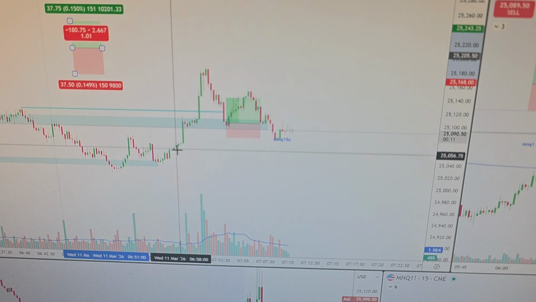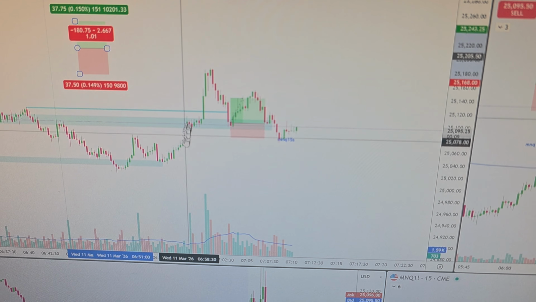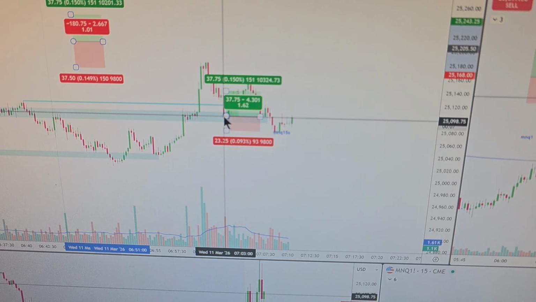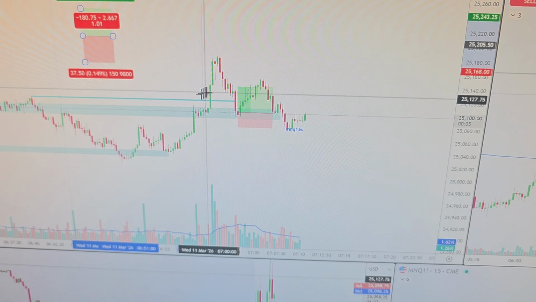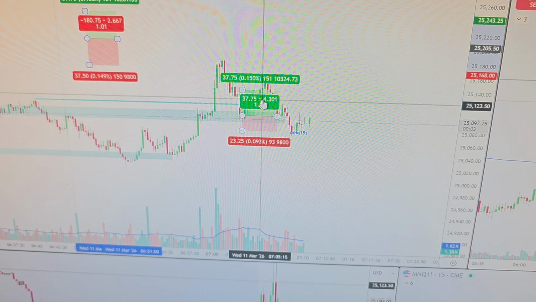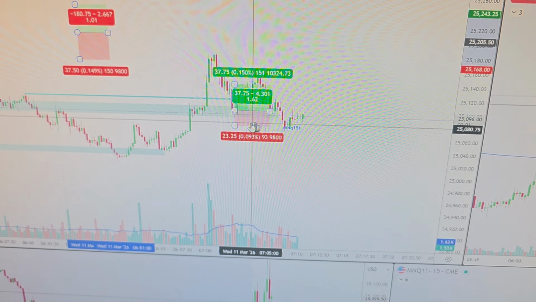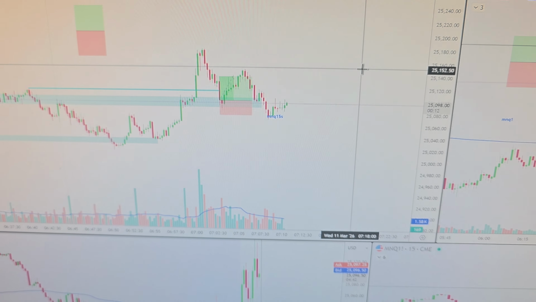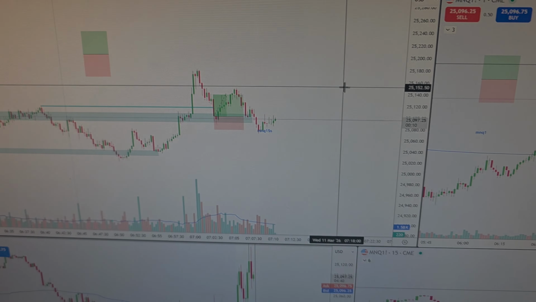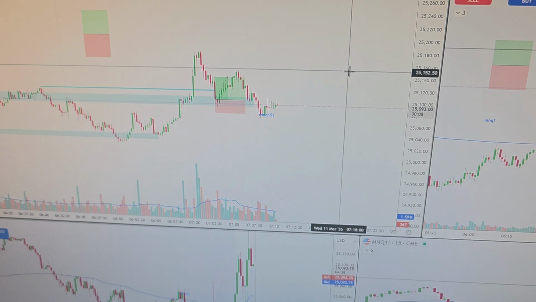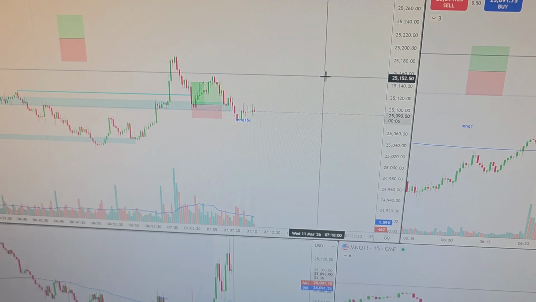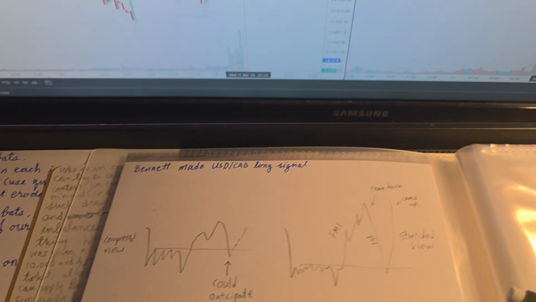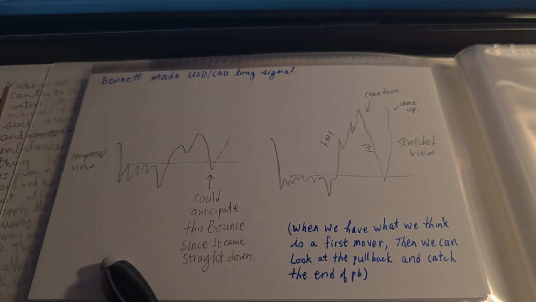If we theorize this is the first mover and this is the pullback, then we catch a quick 2-to-1 or 1.6-to-1 or a 1-to-1. And that's similar to what happened on the USD Canadian, which is what this picture is.